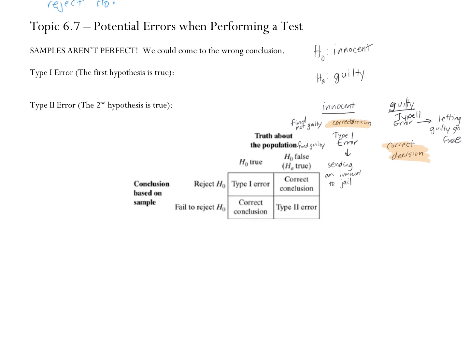Okay, so in my experience, kids are very good at describing the different types of errors, but sometimes they forget which one is which, okay? So a type 1 error, the null is true, and we conclude HA is true.